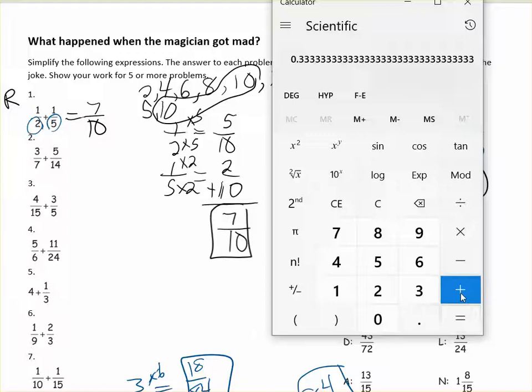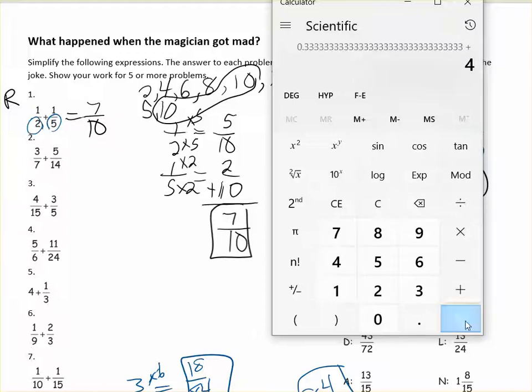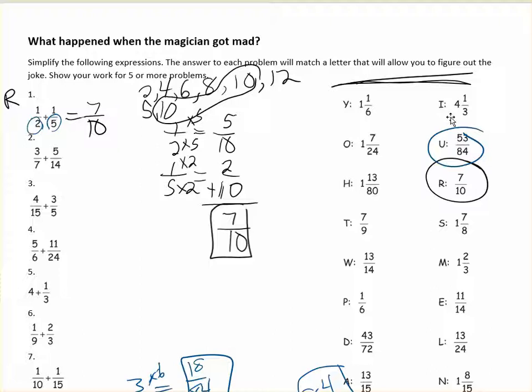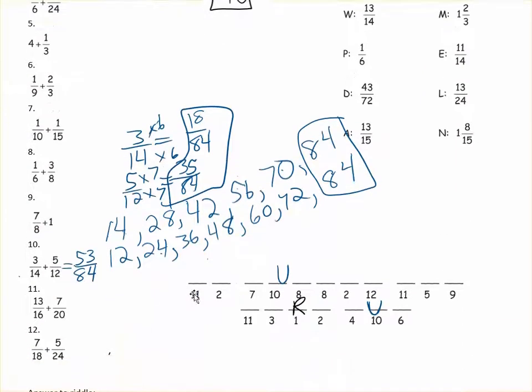So if I added 4 to that, I would get 4.33333. So that's not going to appear in the answer bank, but 4.333 is the same as 4 1/3. So that would be letter I for number 5. So that's going to be an I right here.